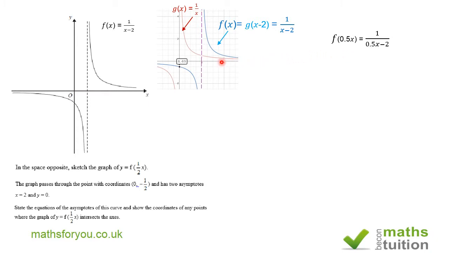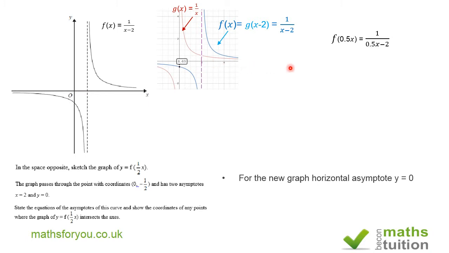Now, note here that the horizontal asymptote will not change. It will still be the line on the x-axis, or y is equal to 0. So that does not change. One of the questions is to state the equations of the asymptotes. So that's y is equal to 0.